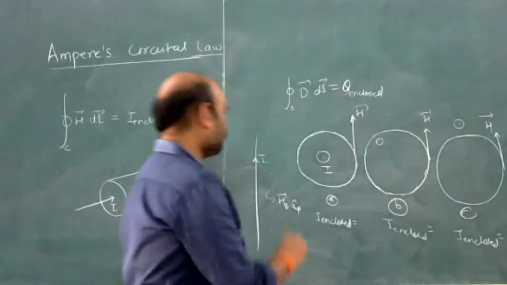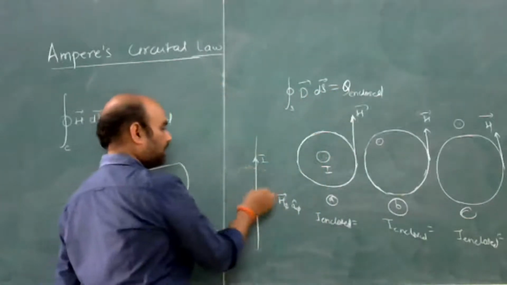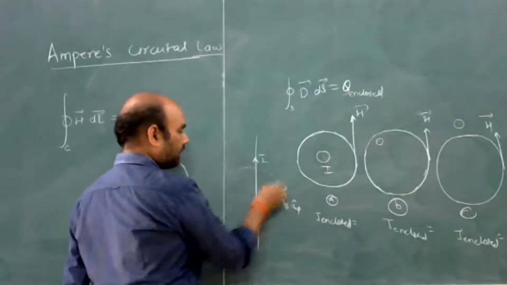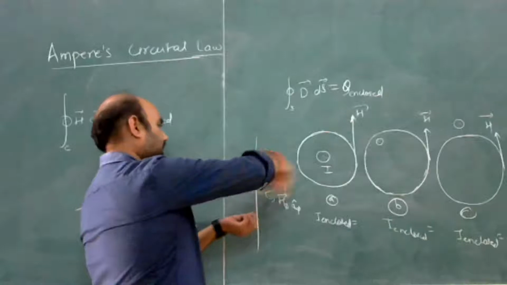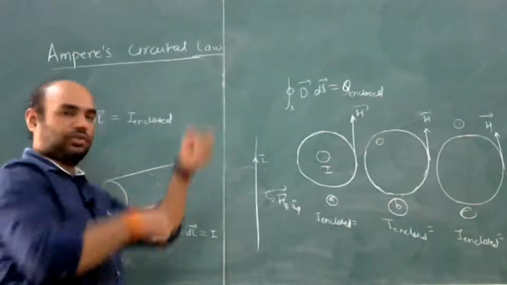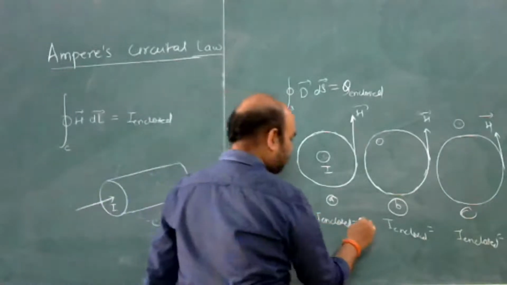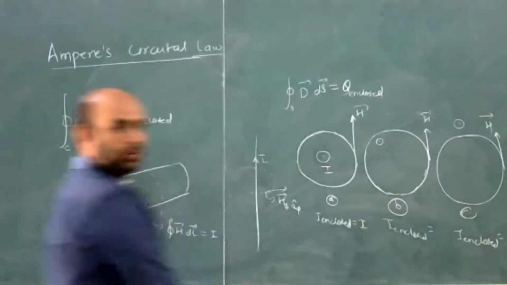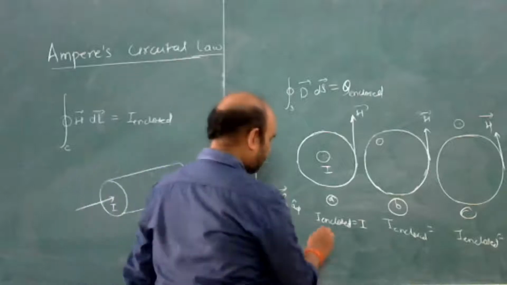This is the conductor and this is the direction of H. The loop is encircling this conductor, so the I enclosed will be equal to I. The current carrying conductor should be inside this loop, so Ampere's circuital law will hold good.